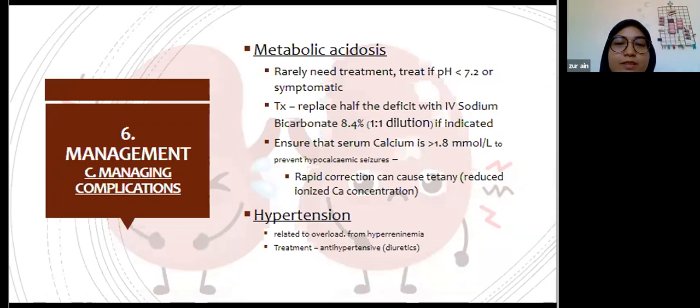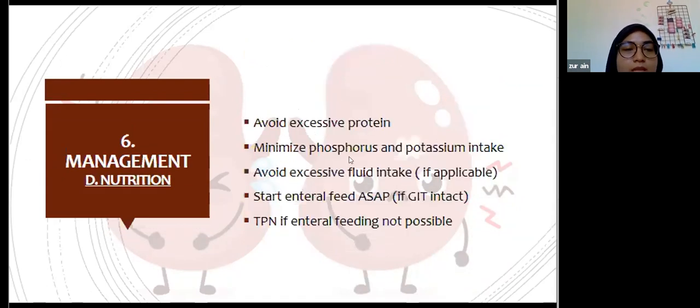Okay, so lastly, for hypertension, mostly due to fluid overload or it can be due to renin action. Choice of treatment will be antihypertensive, which is diuretics to get rid of the fluid overload. Next, management is nutrition, because optimal intake in AKI is influenced by the nature of the disease that caused the AKI itself.